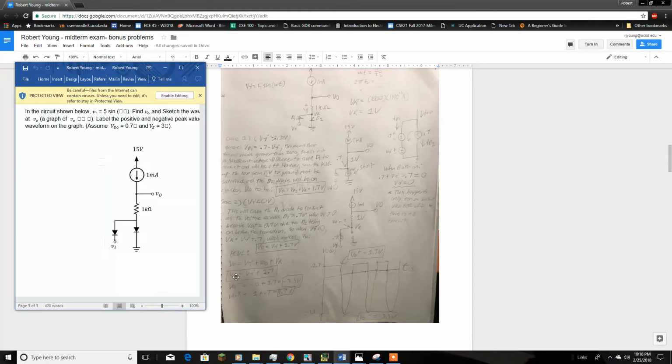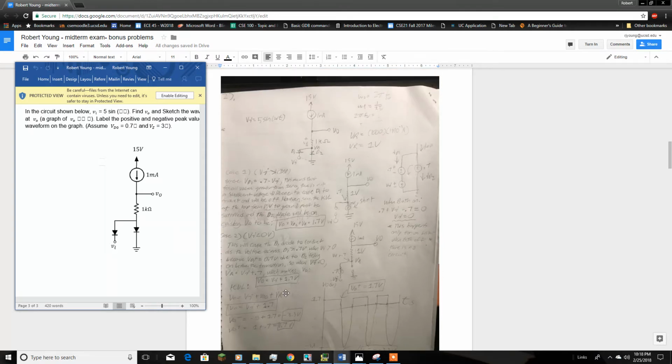Based on those two KVL equations, when we input the most negative value, which is -5 for our input waveform when V_I is less than 0, we get that V_out has a negative peak value of -3.3 volts and a positive peak value of 1.7 volts.